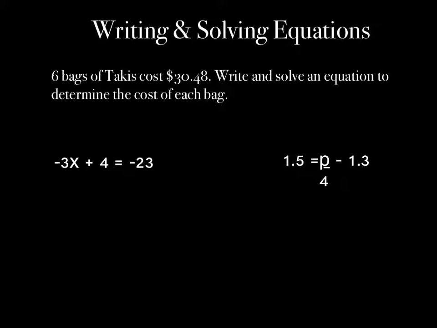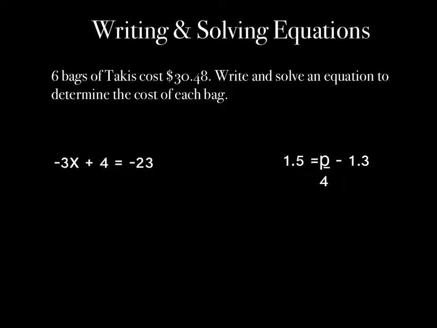This test asks you to write and solve several equations. One example I'm going to use on this video is that 6 bags of Takis cost $30.48. It wants you to write and solve an equation to determine the cost of each bag. Well, you know you're getting 6 bags, so whatever the cost is, you would multiply it by 6.